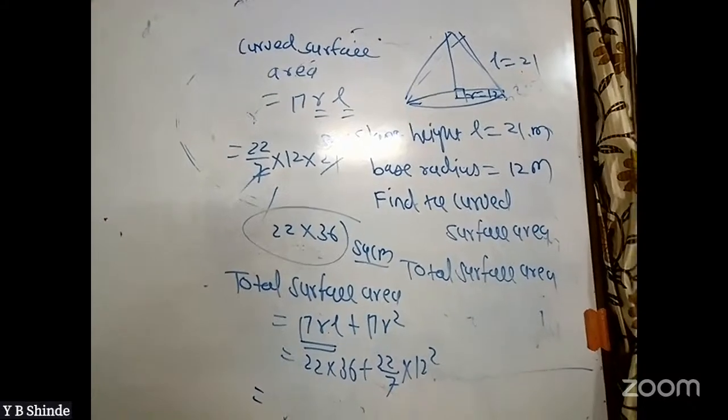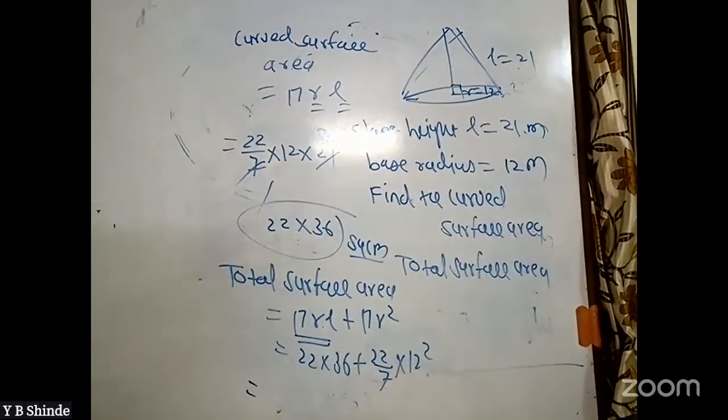You will only have a problem with the calculation, nothing else. 22 by 7 into 144: divide by 7 and multiply by 22, you get the answer in points, then add it to 22 into 36. Don't focus too much on the calculation now, only focus on how to use the concept. Don't think about the calculation. Think how to use the concepts. Though you know the calculation, if you don't know the concept, how to apply it, then there is no use of calculation.